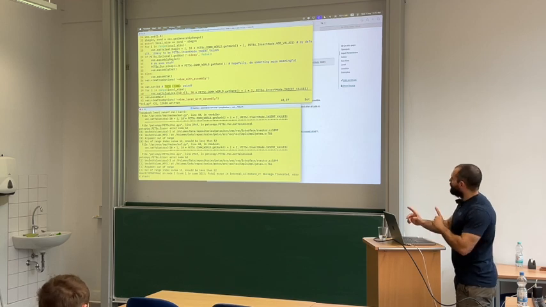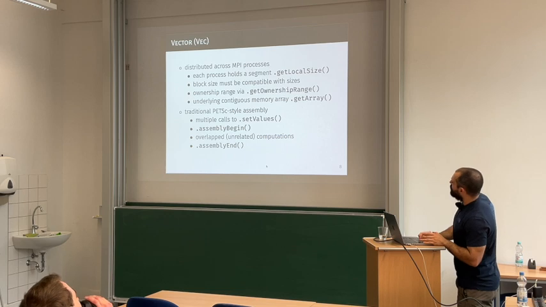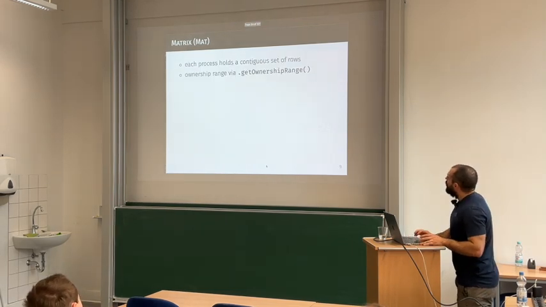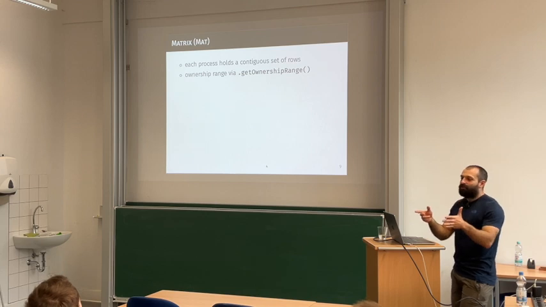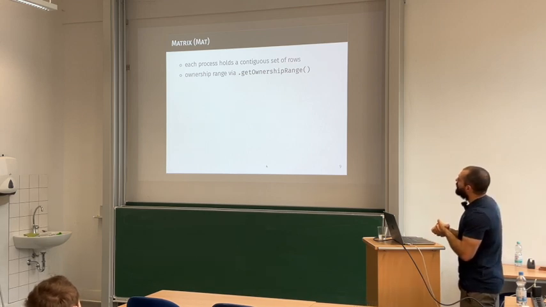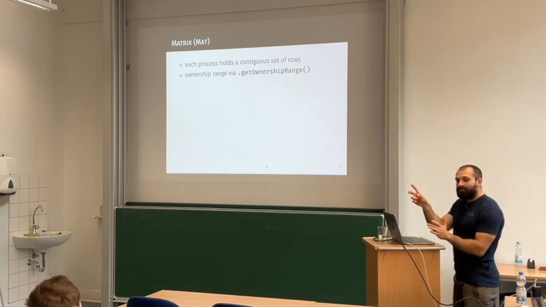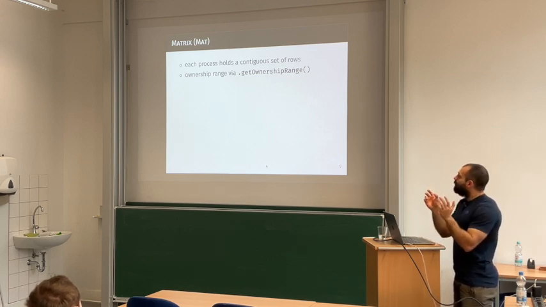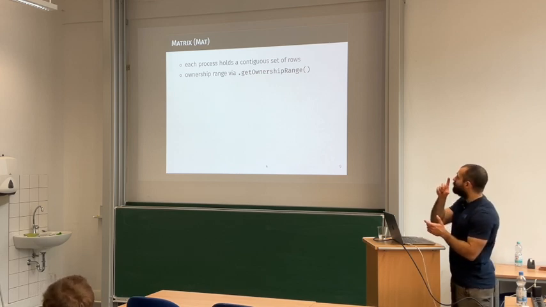Okay, vector is done. Now we jump to matrix. Again, the same format, but instead of having just one row distribution, we also have a column distribution. It's important to keep in mind that even though we have a column distribution, every process holds a contiguous set of rows.